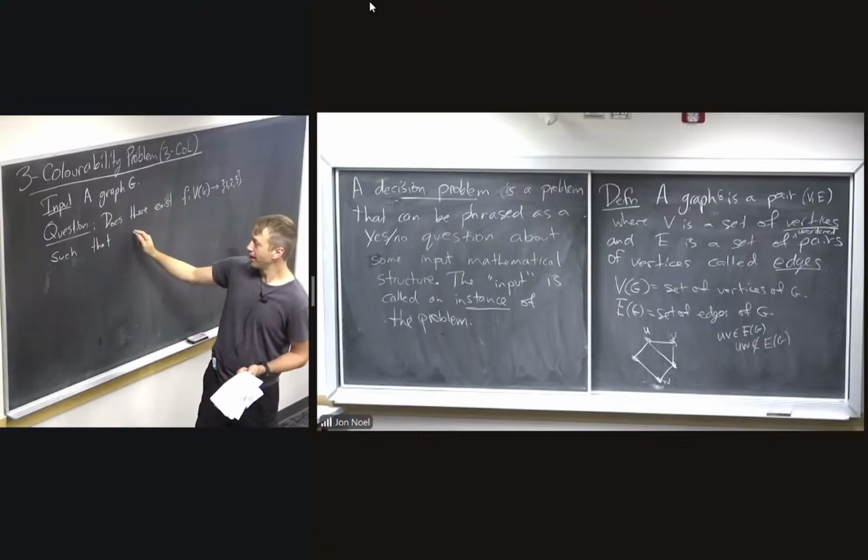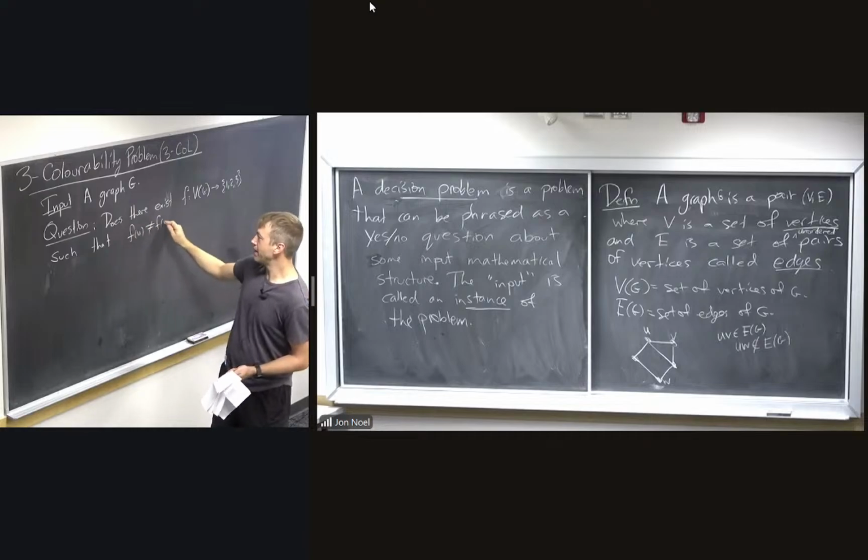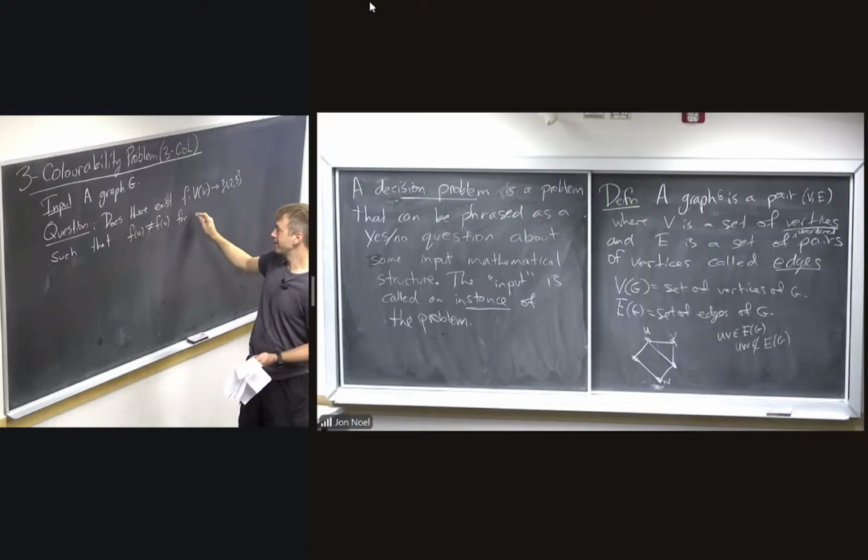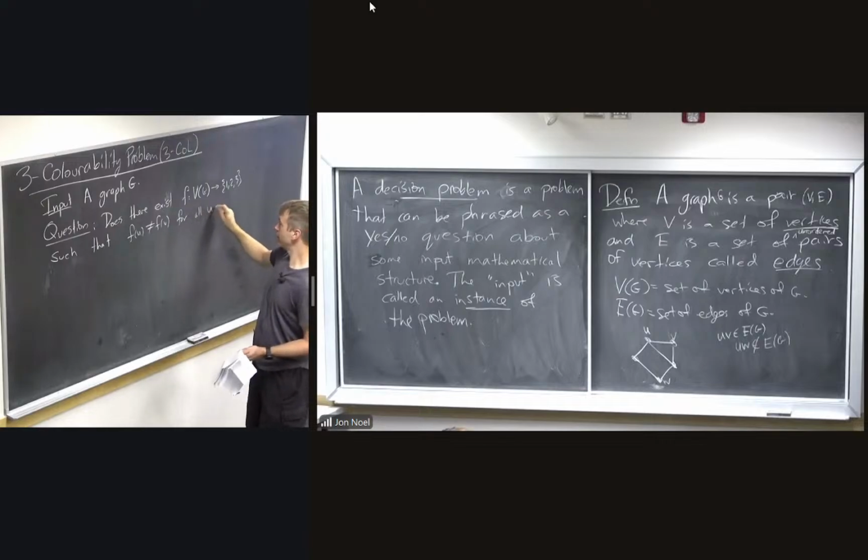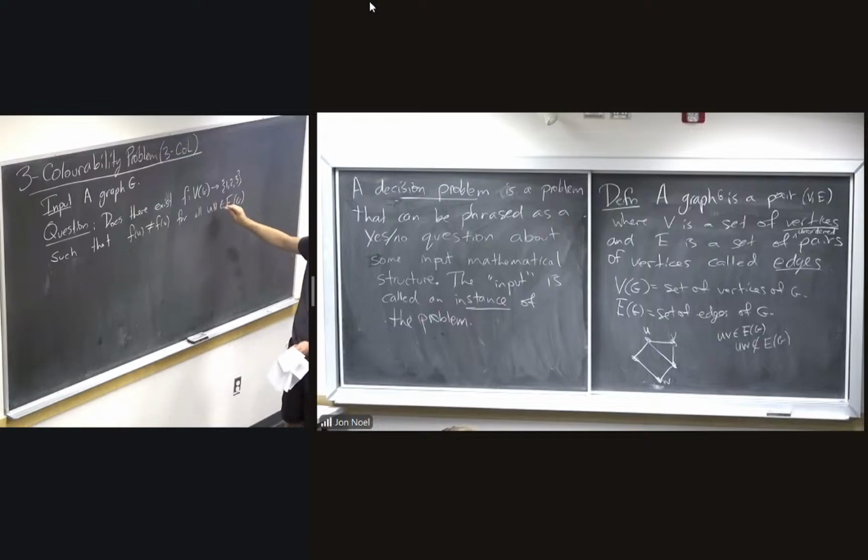So f(u) is not equal to f(v) for each edge uv in the graph. This is a decision problem because it's asking a yes or no question. The answer is going to be yes or no for each graph. For some graphs it's going to be yes, and for some graphs it's going to be no.